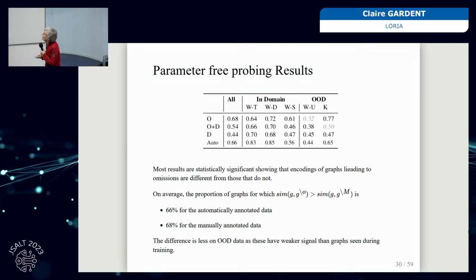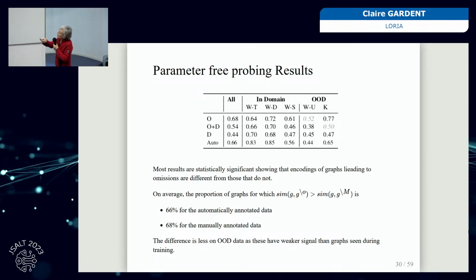And here as a result, we have different data sets, in domain and out of domain. O is for omission and D is for distortion, and the top part of the figure is for the manual annotation, and the bottom part is for the automatic annotation. Basically what you see is that for omission, if you look at the all column, in 68% of the cases our hypothesis is true: the similarity between the graph and the graph where you substituted an omission is greater than the similarity between the graph and the graph where you substituted a mention.